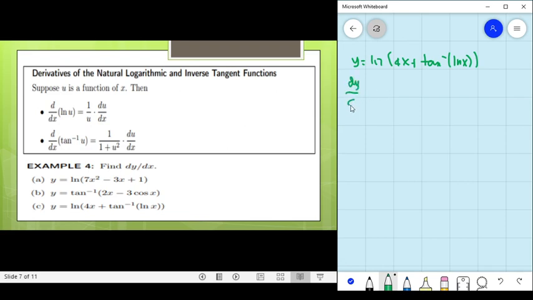So dy over dx is equal to 1 over 4x plus arctangent ln of x, times the derivative of 4x, which is 4, plus 1 over 1 plus ln of x squared times the derivative of ln of x, which is 1 over x. Okay, so therefore that is the final answer.